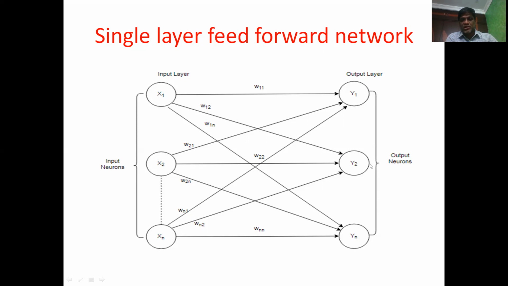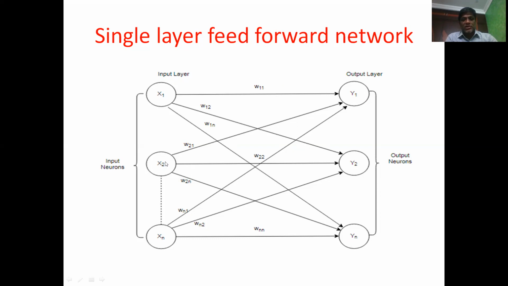These are all the neurons, and the neurons are connected as x1 is connected to y1 with a weight w11, x1 is connected to y2 with a weight w12, and so on. X1 is connected to the neuron yn with a weight w1n.